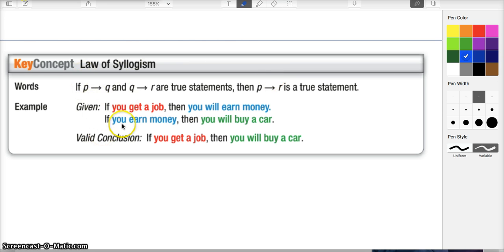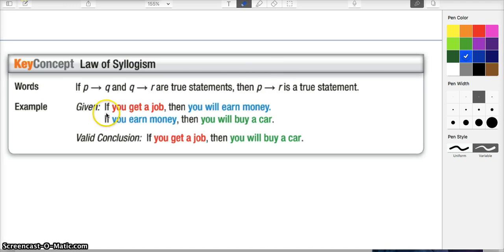So if P implies Q is true, and Q implies R is also true, then we can skip this middle step and say that P implies R. That's also a true statement.